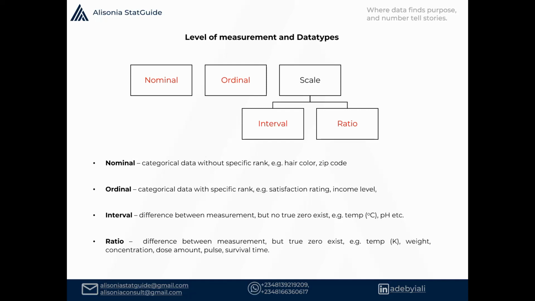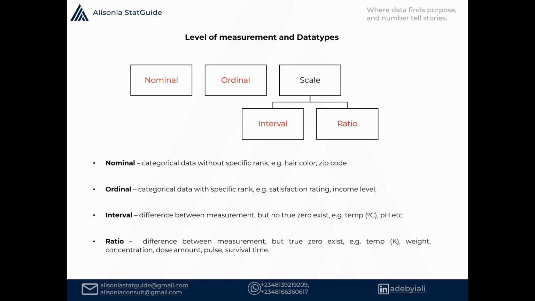So there's no true zero value in there, and that's why it's referred to as interval. Any data that has no true zero value is what we refer to as interval level of measurement, or interval data type.